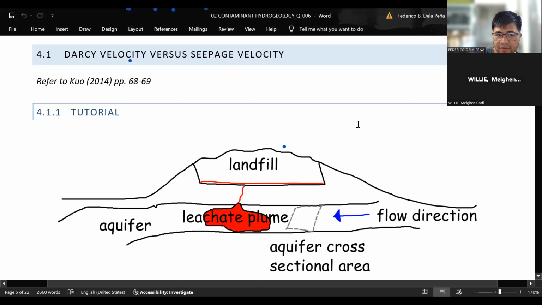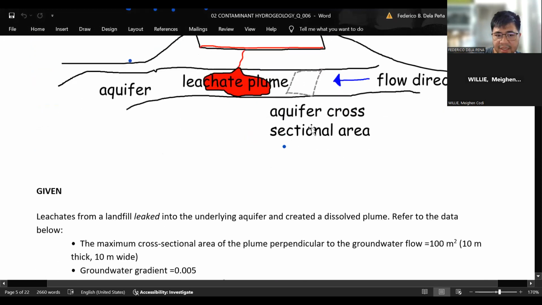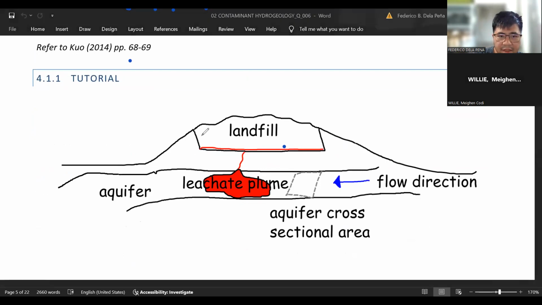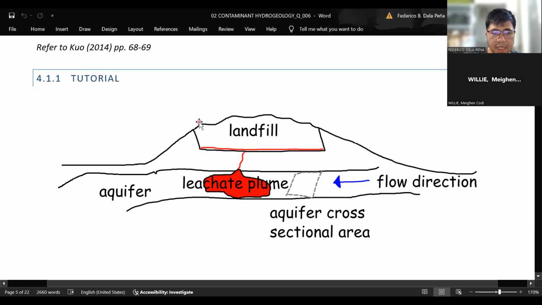Now you have your first tutorial for this exercise. You have a landfill. This is your garbage, the landfill. And you can notice some red line here.